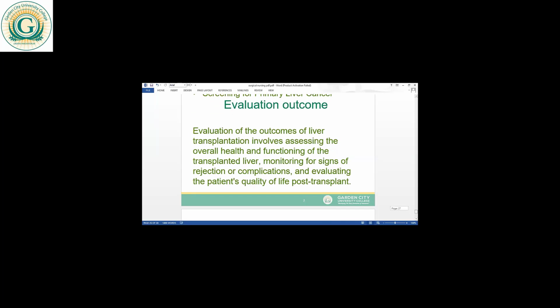Evaluation of outcomes. We also say evaluation of the outcomes of liver transplantation involves assessing the overall health and functioning of the transplanted liver, monitoring for signs of rejection or complications, and evaluating the patient's quality of life post the liver transplant.